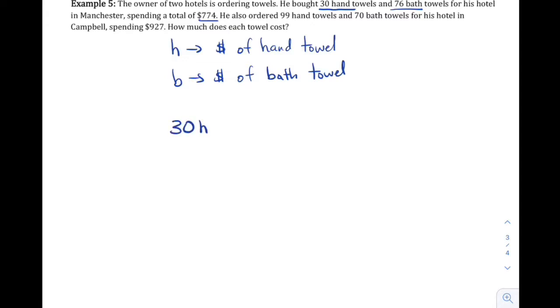H price 30 times, plus he paid B price, whatever that is, 76 times, and it cost $774. This other guy, he bought 99 hand towels, so he paid 99 H's and 70 B's for $927.